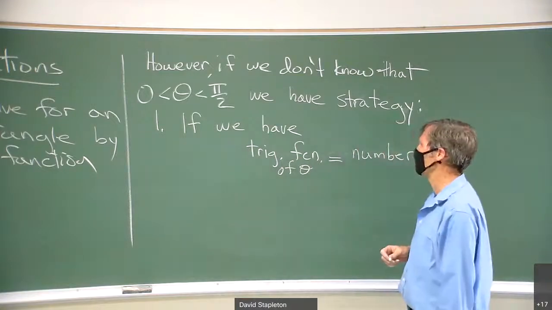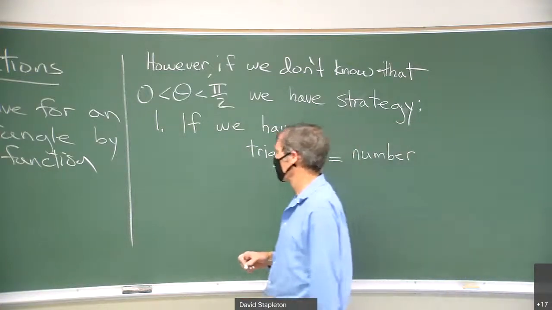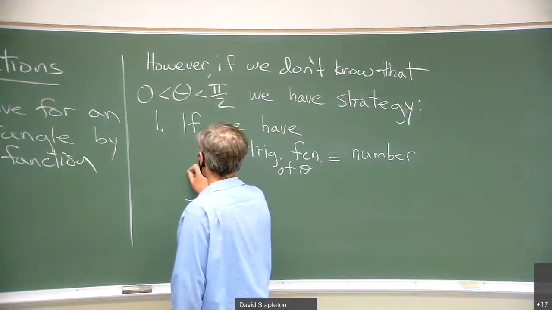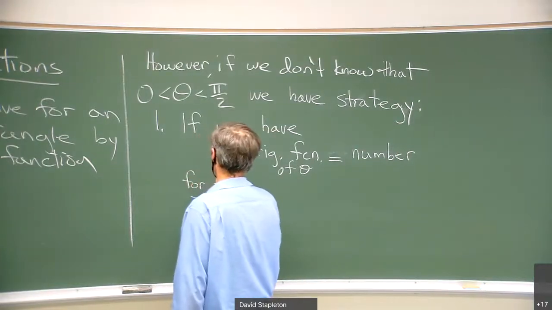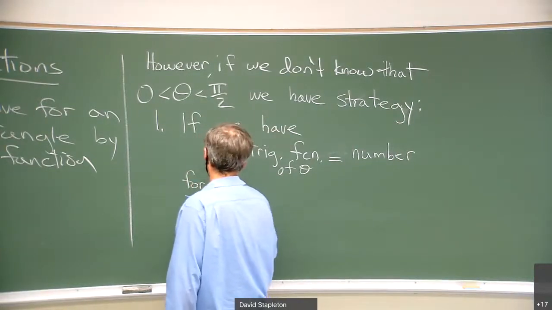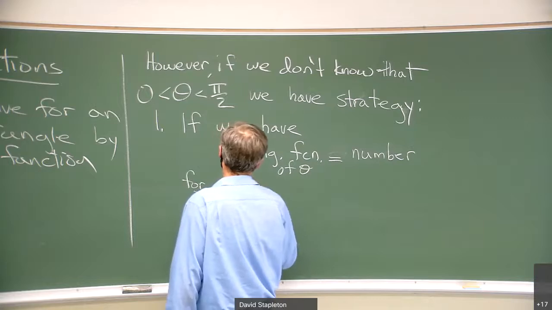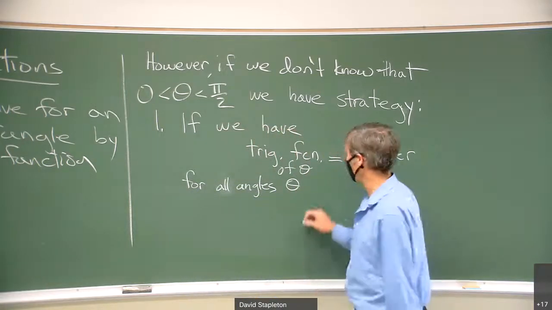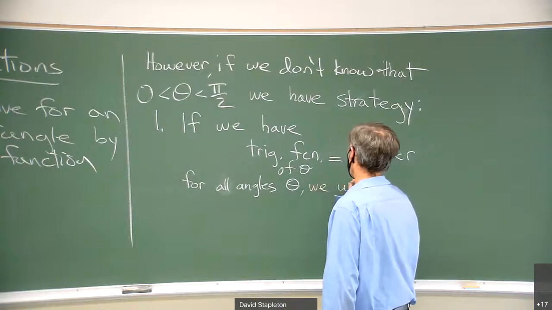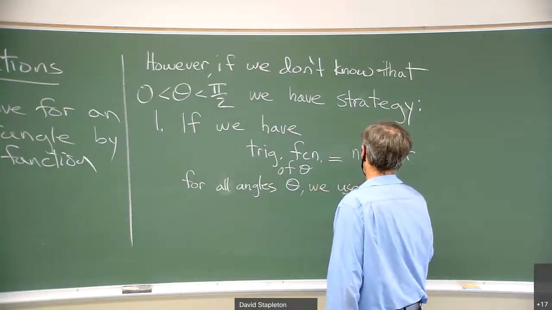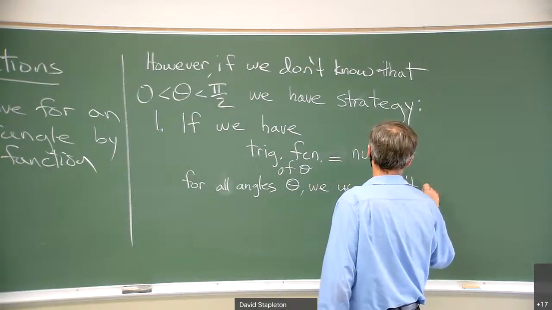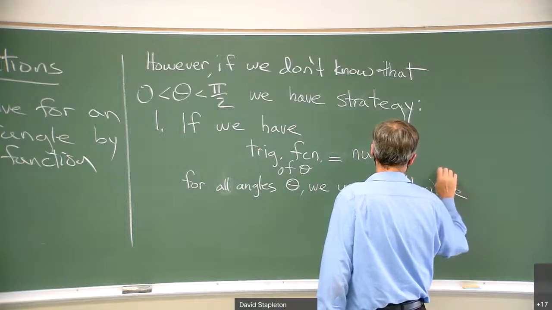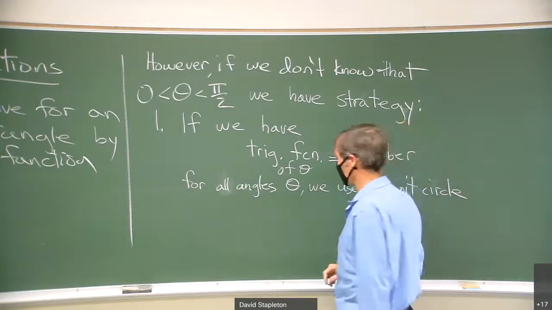There's actually more than one solution. If we want to solve this for all angles theta, we solve it by the unit circle, because there's actually an infinite number of answers in general, or sometimes no answer.